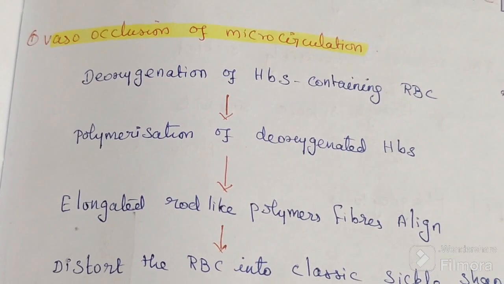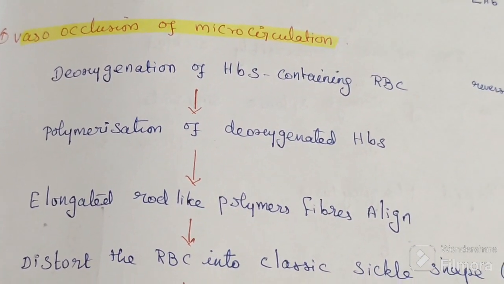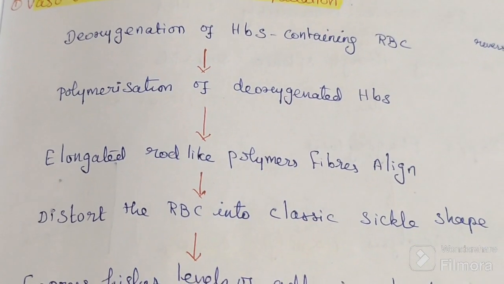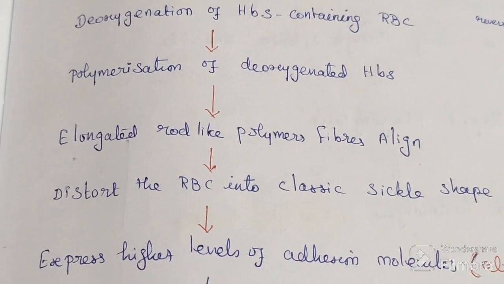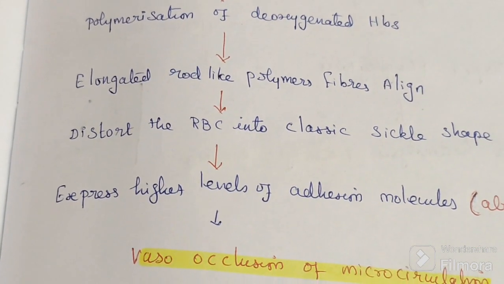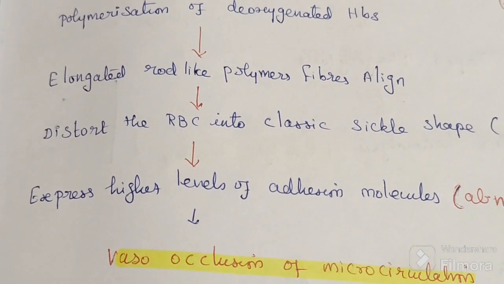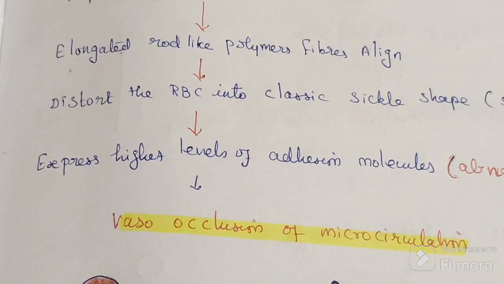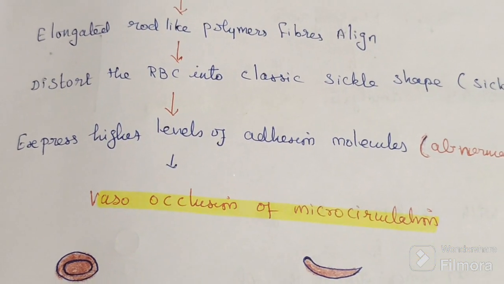During deoxygenation of that hemoglobin, there is polymerization of hemoglobin S, which leads to formation of elongated rod-like polymers that distort the shape of the RBC, and it becomes sickle shaped. This phenomenon is known as sickling.